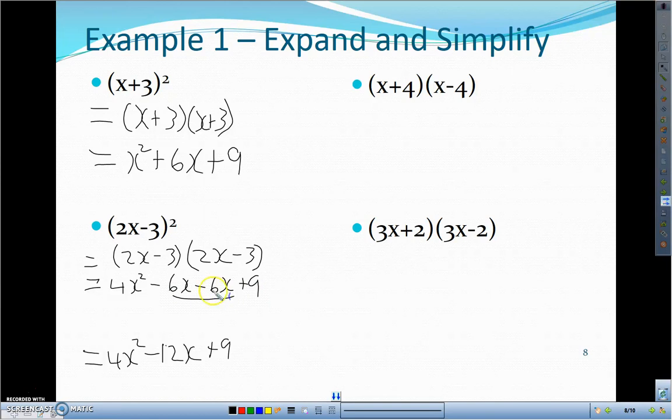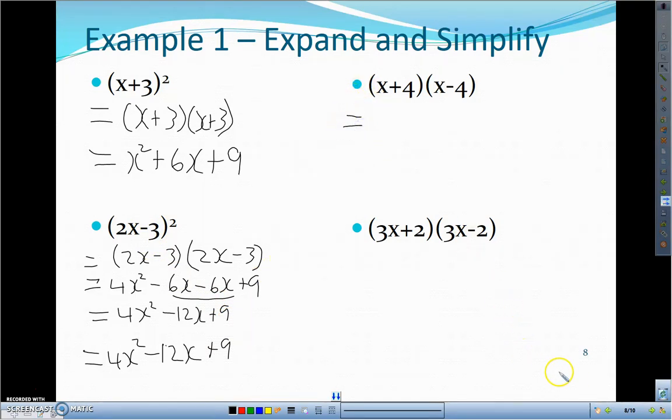Collect like terms. That's equal to 4x squared minus 12x plus 9. So indeed, we see that it does work where we use the shortcut, multiply these times by 2 is the middle term, and this thing on the end squared is the last term. It works, so we could use that shortcut too.